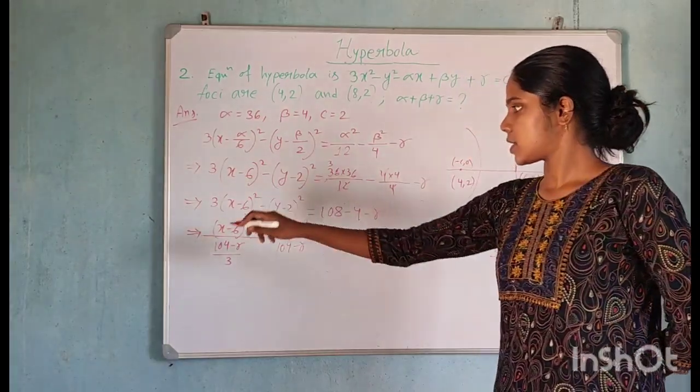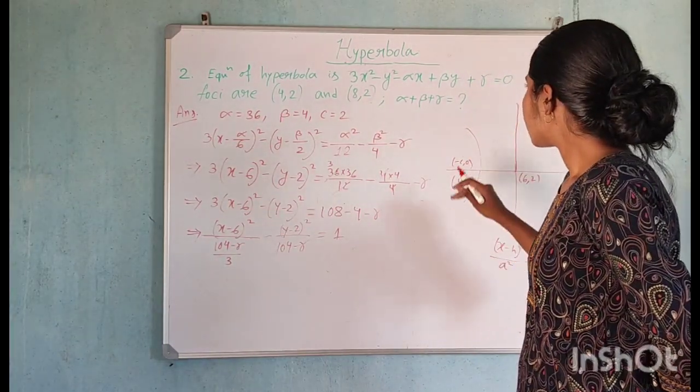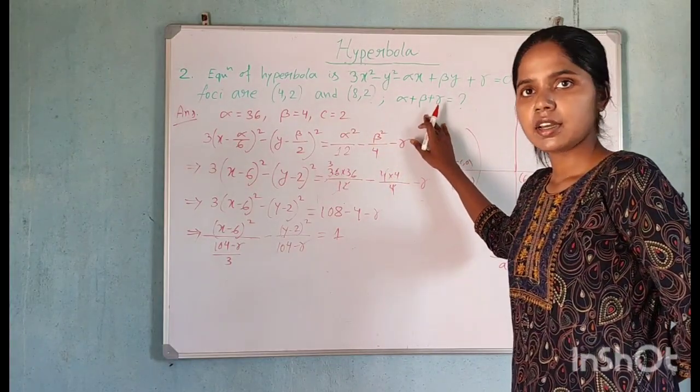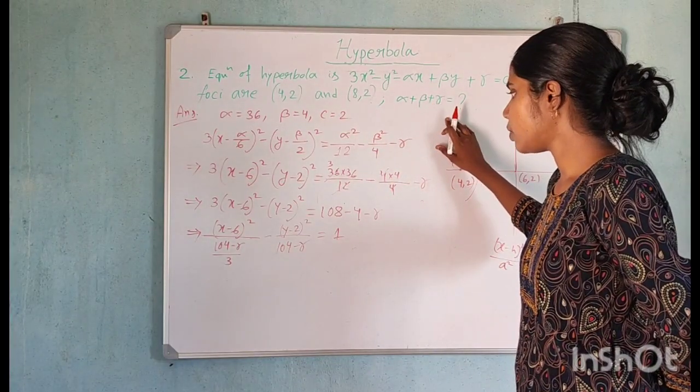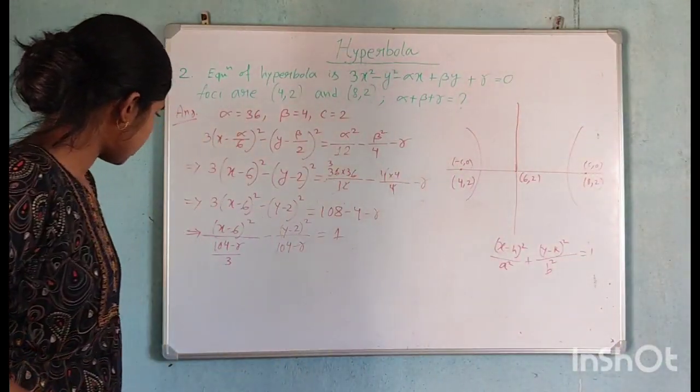Okay, now this is in the standard form. Here we have already derived the value of alpha and beta. Now we have to derive the value of gamma only.